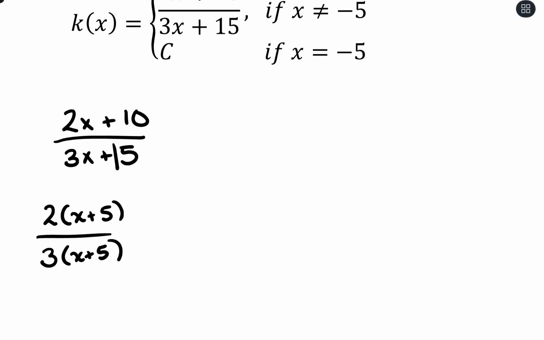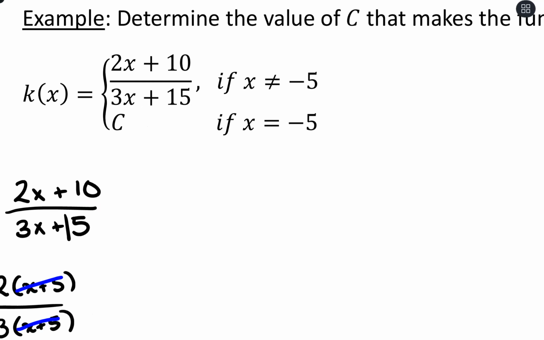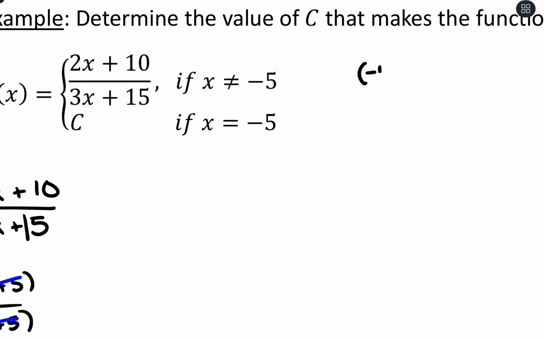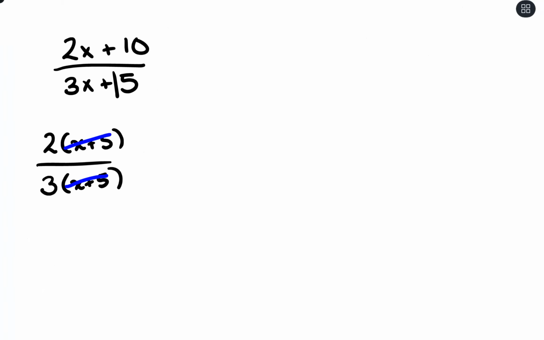So we're creating a hole in this graph. And the hole is occurring at negative 5, 2/3. When I simplified that, it came down to just an output of 2/3.